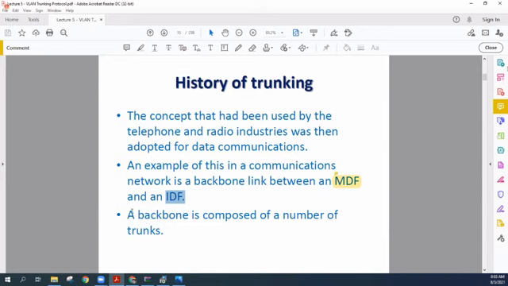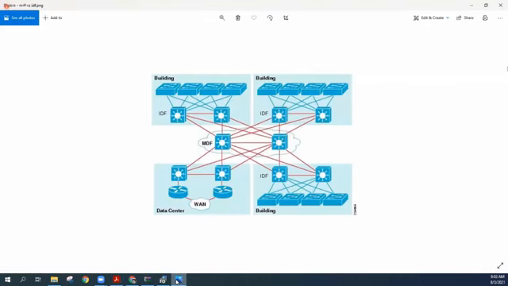Can someone search for that? Can you see the image? Yes, sir. I will search for IDF versus MDF.